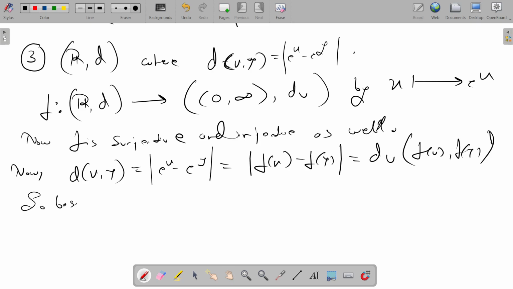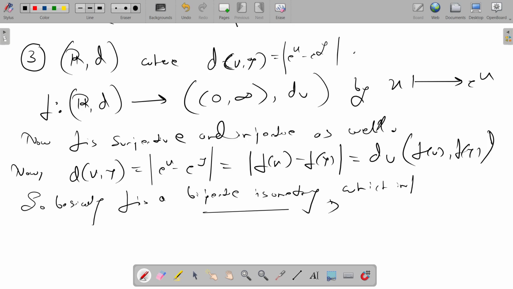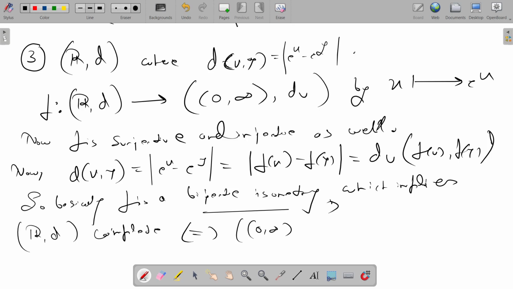So basically, f is a bijective isometry, which implies that R comma d is complete if and only if 0 to infinity with respect to our usual metric is complete.